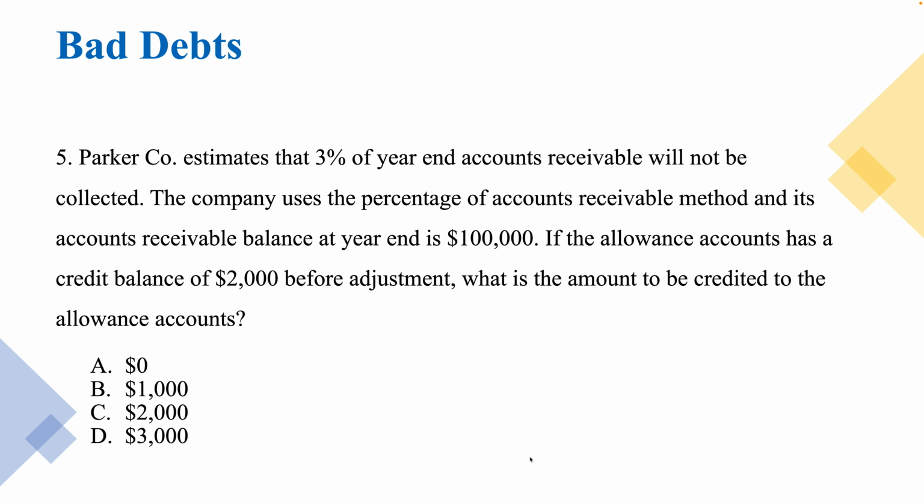Problem 5. Parker Core estimates that 3% of year-end accounts receivable will not be collected. The company used the percentage of accounts receivable method, and its accounts receivable balance at the year-end is $100,000. If the allowance account has a credit balance of $2,000 before adjustment, what is the amount to be credited to the allowance account?